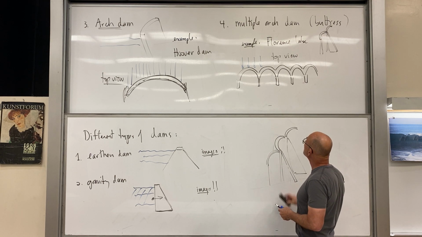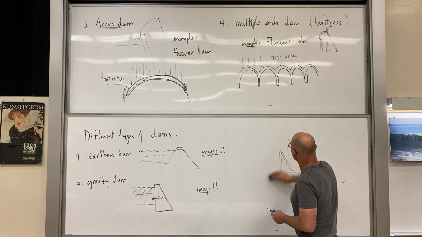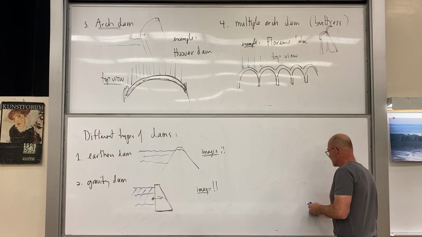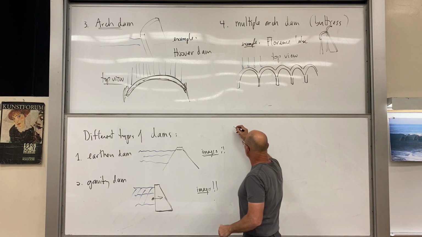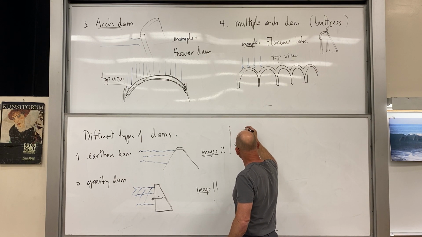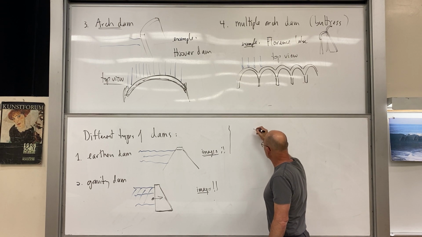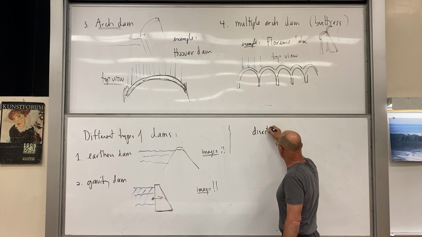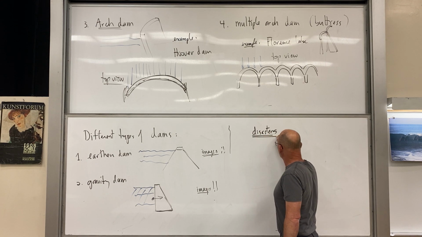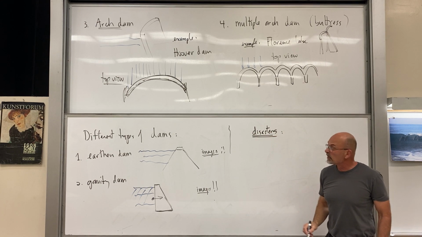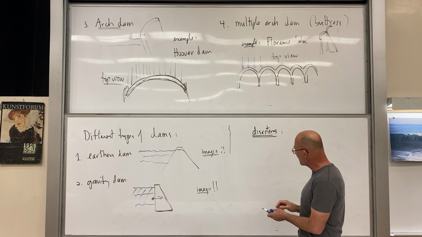So that was 4. This is just a side note. Disasters. There are some famous ones, and they're always possible when you have a large amount of water here.